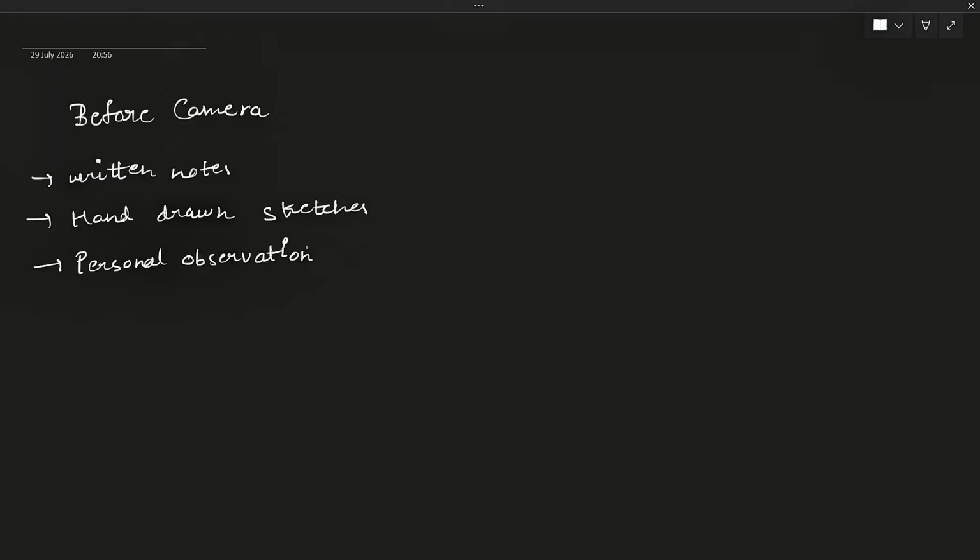Sketches may be inaccurate. Human memory fails, and important details may be forgotten. Different people observe the same scene differently.